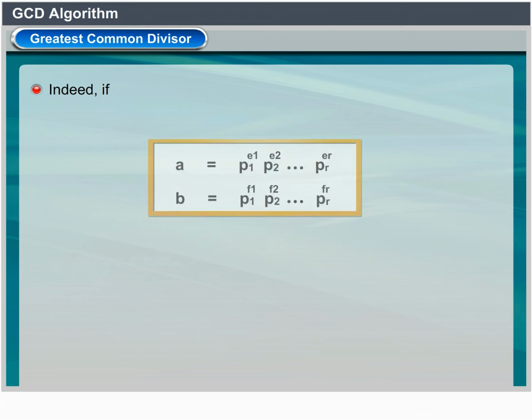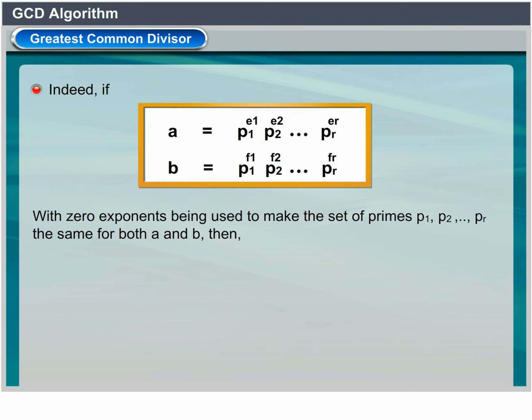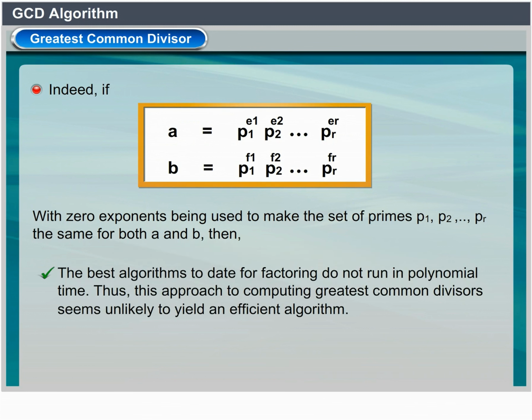Indeed, if a equals p1 power e1 up to pr power er, b equals p1 power f1 up to pr power fr, with zero exponents being used to make the set of primes p1 up to pr the same for both a and b. Then, the best algorithms to date for factoring do not run in polynomial time.